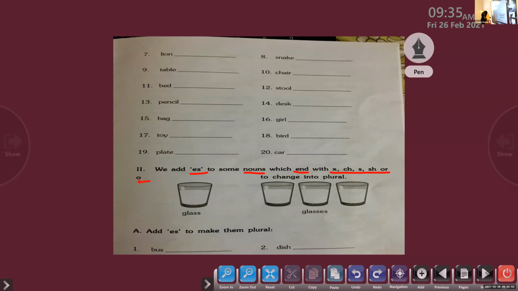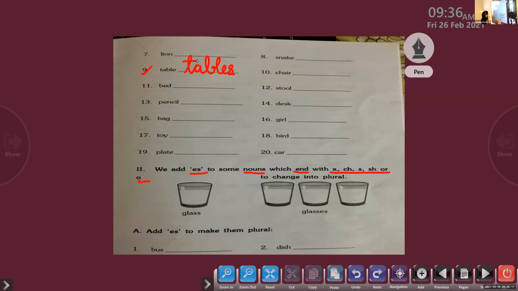Try number 9. Table. Spell plural. Spelling. TABLES. Okay, good effort, my dear.